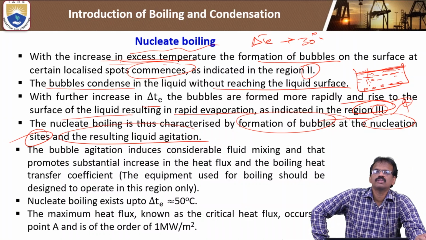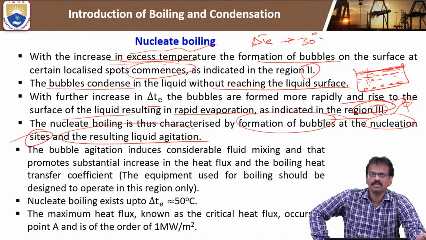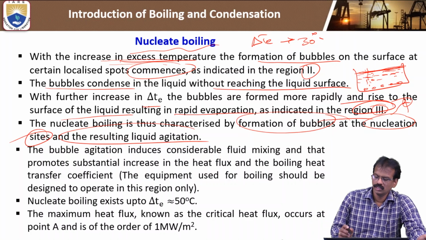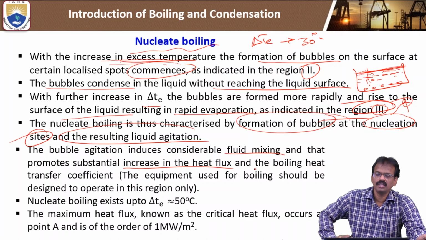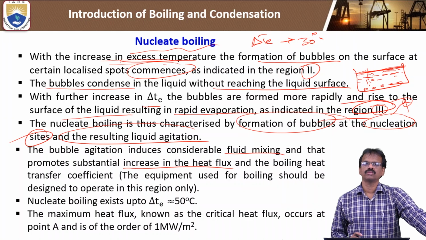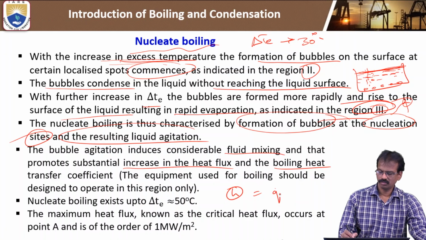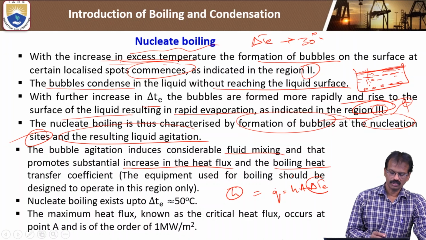The bubble agitation induces considerable fluid mixing, and that promotes a sustained increase in the heat flux and the boiling heat transfer coefficient. So the heat transfer coefficient also increases. If h increases, automatically the heat flux Q will increase, because we know that Q equals h A delta T.